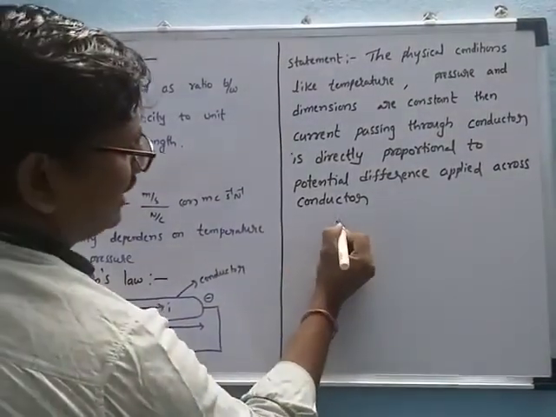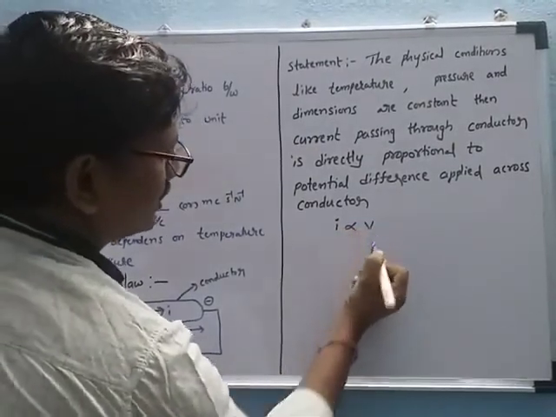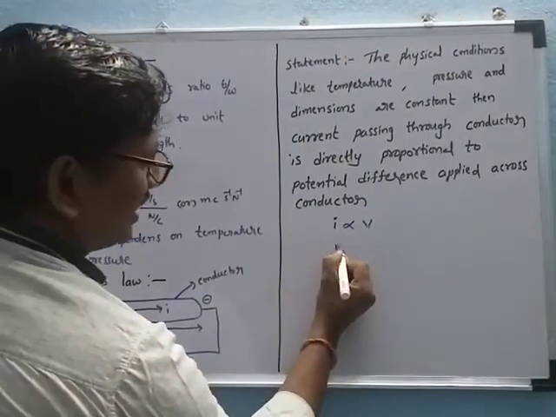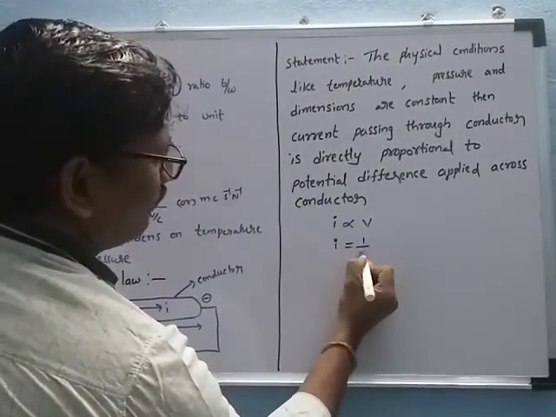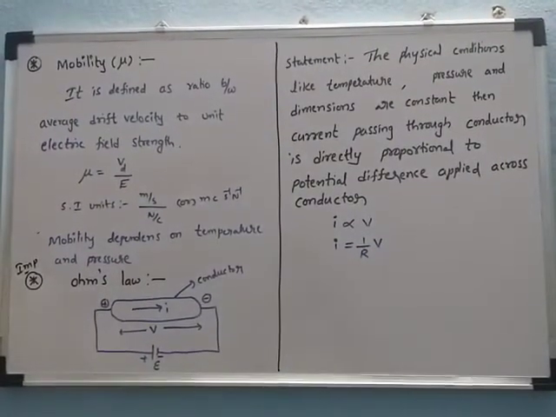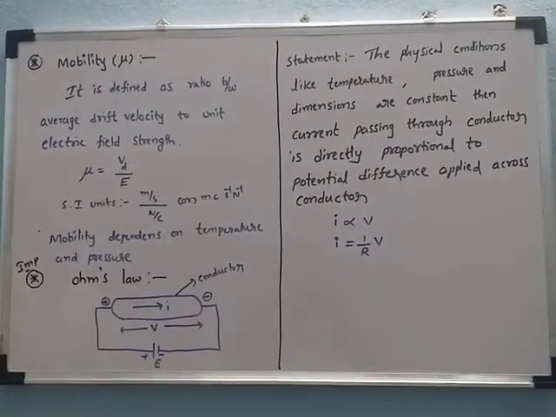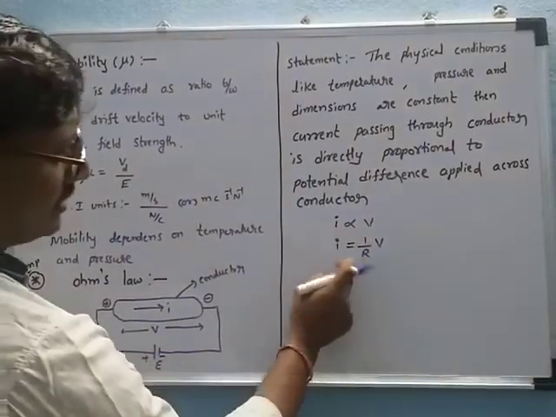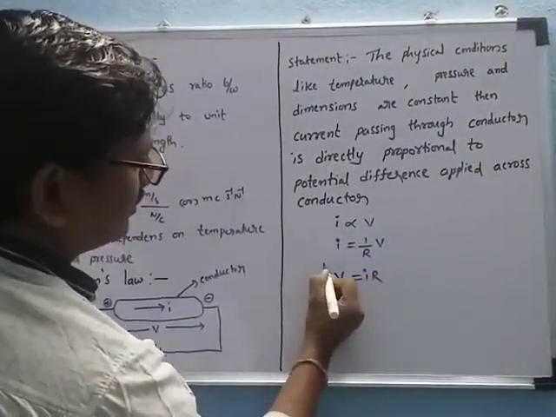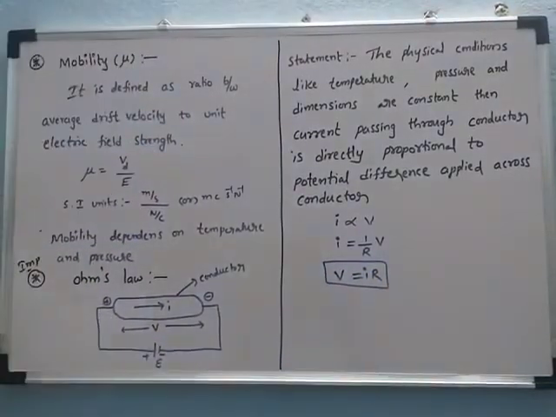That is, I is directly proportional to V. Taking the proportionality constant as 1 by R, I is equal to 1 by R into V. Cross multiplying, V is equal to I into R. This is the formula of Ohm's law.